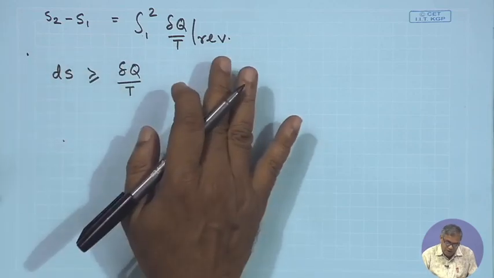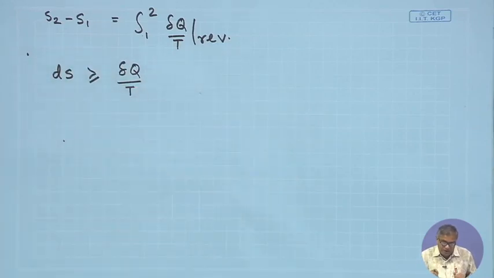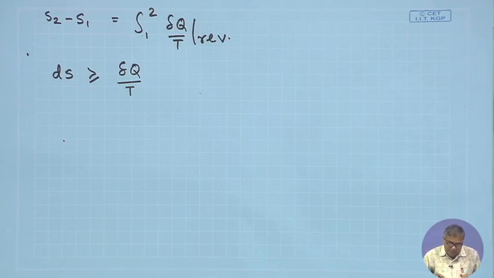When it is reversible, ds is equal to dq by T. When the process is not reversible, but there will be some heat transfer, the entropy change has some relationship with the heat transfer; the relationship will not be an equality, it will be given by an inequality. So, ds is greater than or equal to dq by T.